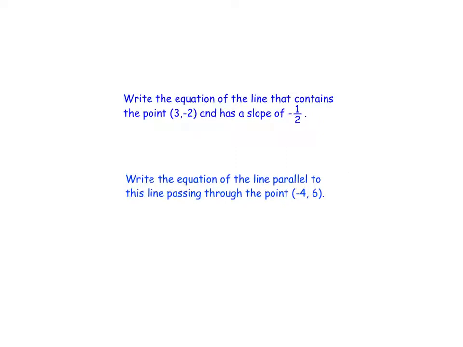Here's some of the new stuff we're doing. We're going to write the equation of the line that contains the point 3, -2, and has a slope of -1/2. I'll kind of address this one first, then I'll let you try the bottom one on your own. So again, we're going to write the equation of a line. So I'm thinking I want to use this point slope form. I want to use this y equals m times x minus h plus k.